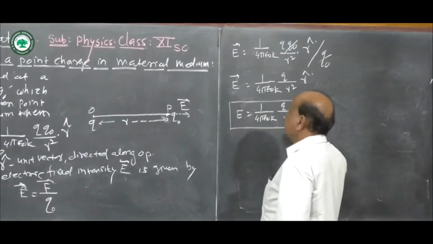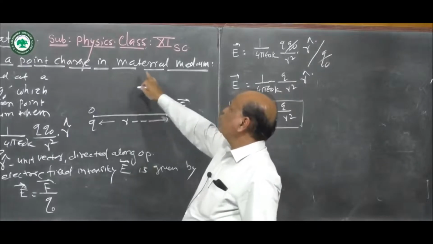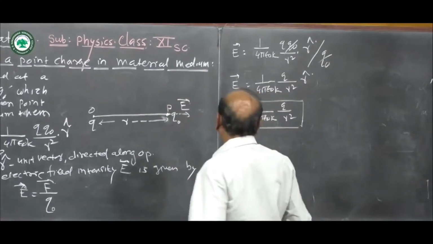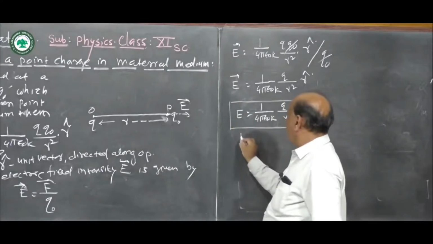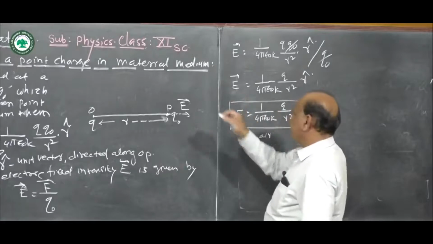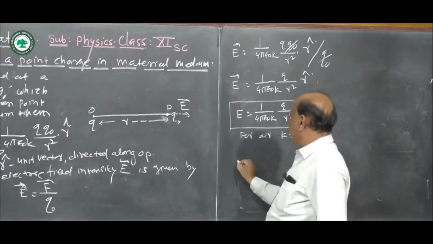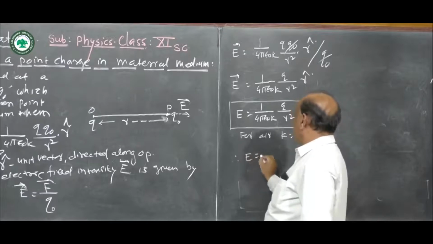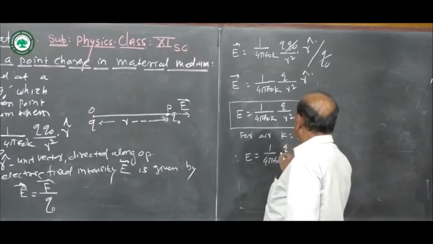This is the electric field intensity due to a point charge in a material medium. Now for air, if the medium is air, then the value of K is equal to 1, and therefore the value of E is equal to 1/4 pi epsilon 0, that Q upon R square.